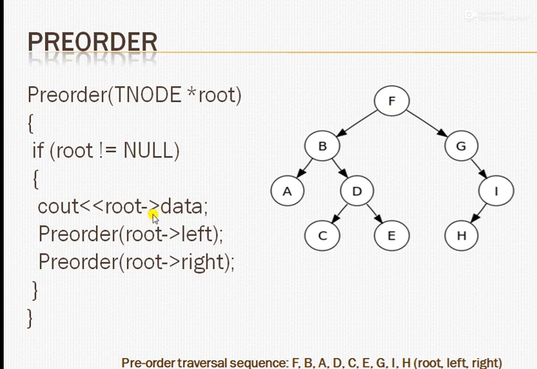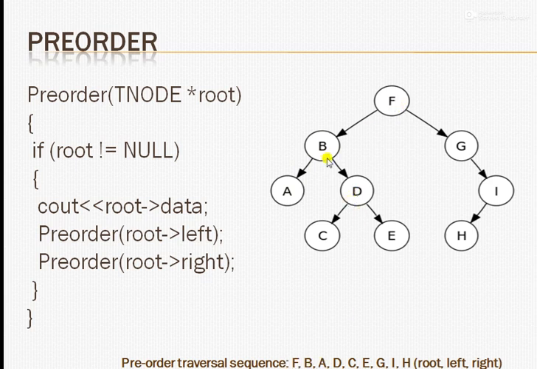Then I'll come to the left branch. Now B is not null, so I'll print B. Now again I'll come to the left branch. A is not null, so I'll print A. Then I will backtrack. Then for this B I have a right, so D will be printed.